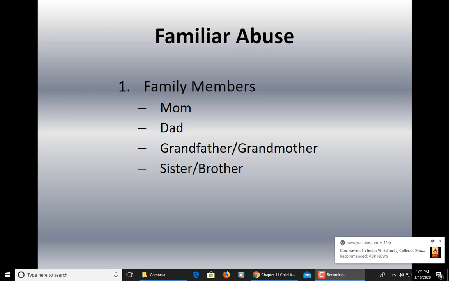Now, out of all these categories listed here, the grandmother and the sister are the only two familial categories that I didn't arrest people for. Because I've arrested moms, dads, grandfathers, and brothers. And is it common? Yes. Is it challenging? Yes, because how difficult is it for a child even to talk about what happened to them within a family?